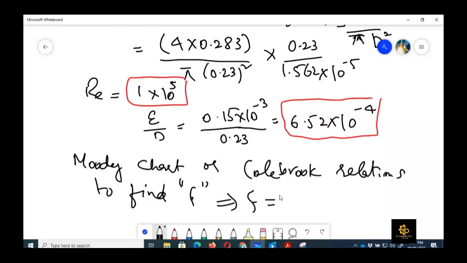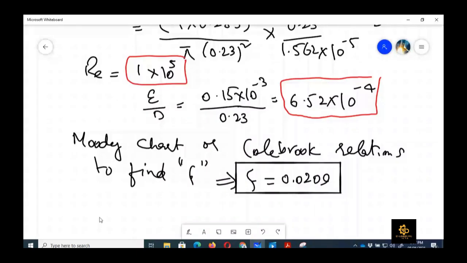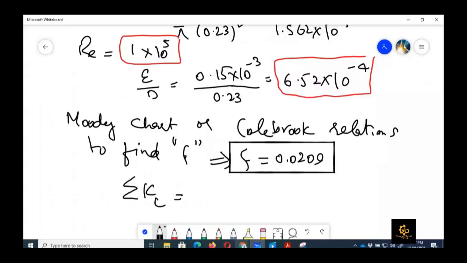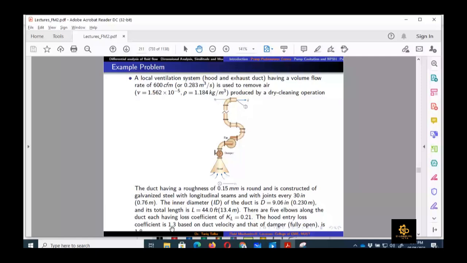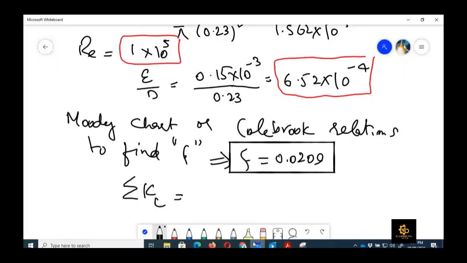Now the only thing remaining is the summation of KL, which is the losses here. Again we see 1.3 is the entrance loss, then 1.8 is the exit loss. Those are the two straightforward ones, so first of all we write 1.3 plus 1.8, and then what else here?